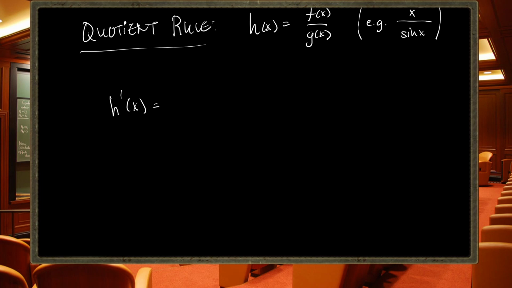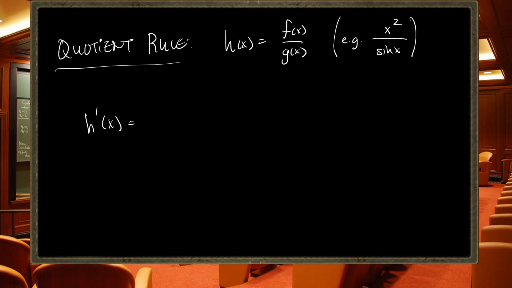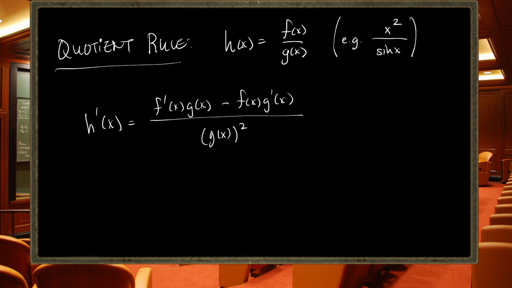H prime is still going to involve that wiggle of both functions, but it's going to be slightly different. So it's going to be f prime of x, g of x, minus f of x, g prime of x, all over g of x squared. All right. The fact that there's a difference here, there's that little corner being subtracted off, it makes it a little bit wackier, but this is the statement of the quotient rule.